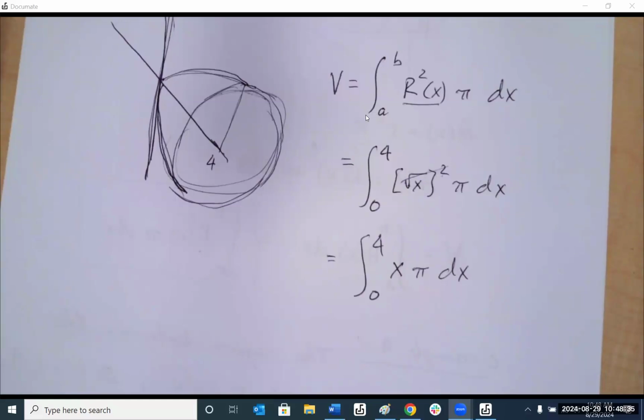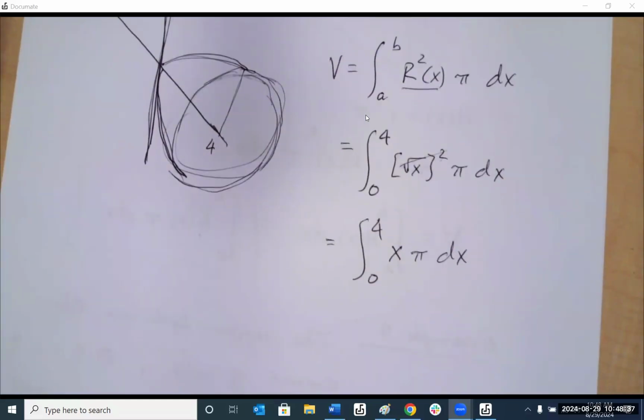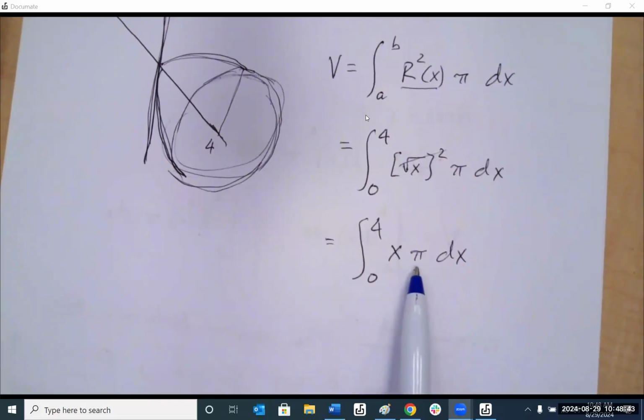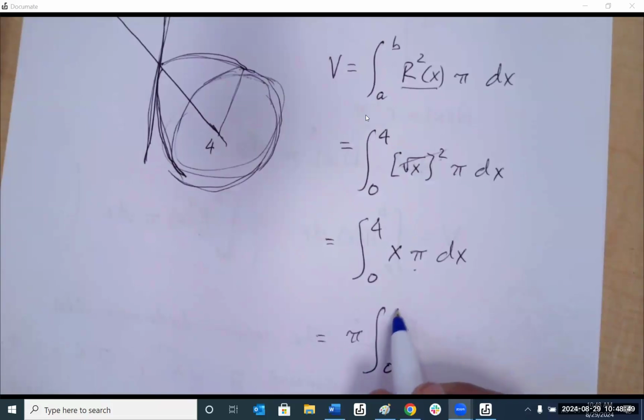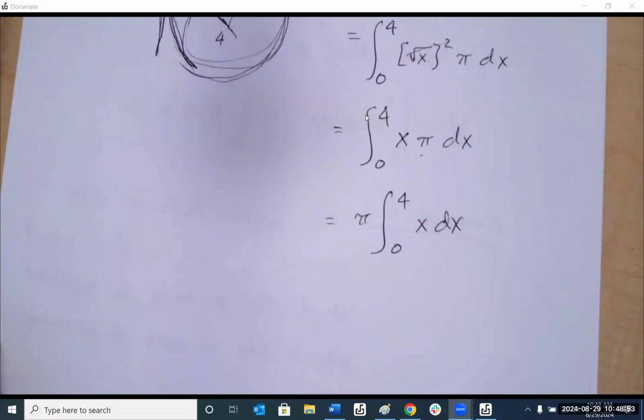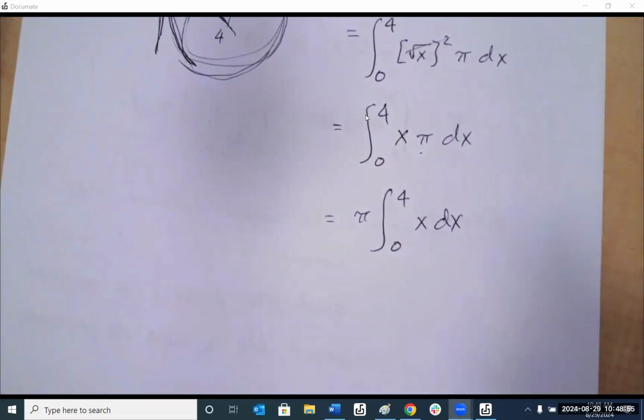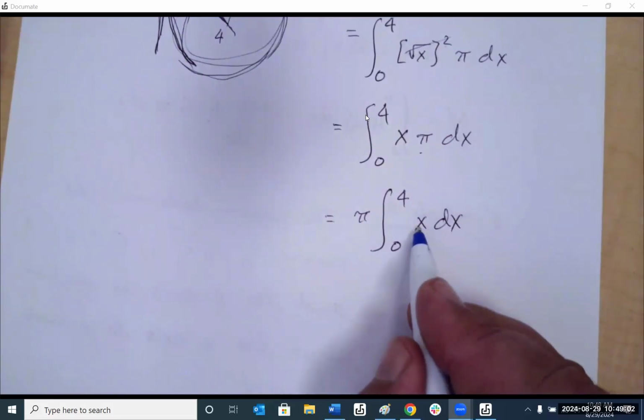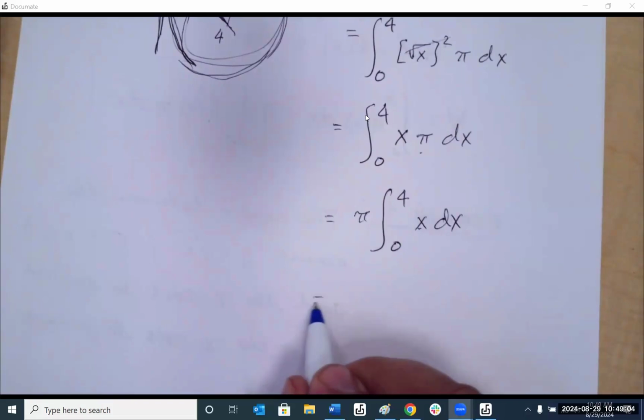Can we factor anything out real quick? Is there a constant multiple? Pi is a constant. So we integrate x.